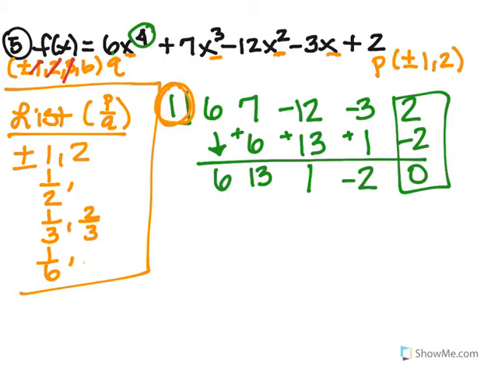Now, I wanted to show you how I would continue with my synthetic division. I would not start back over at the beginning. I would start right here. Draw a new house and drop down that 6. And the reason is you're trying to get this thing to second degree. If you start back over, you're not going to get the second degree polynomial.